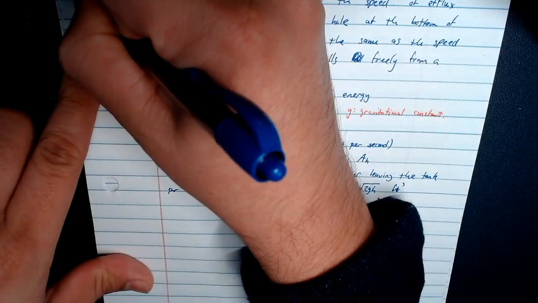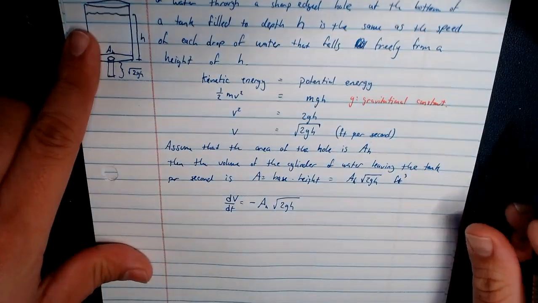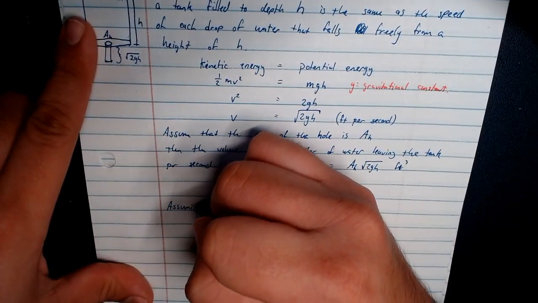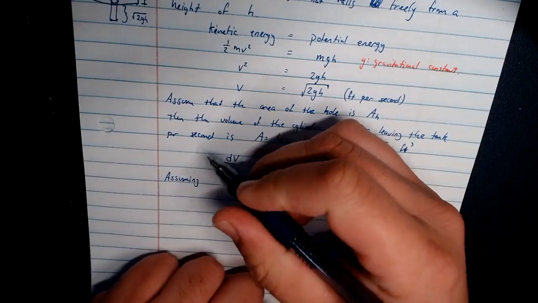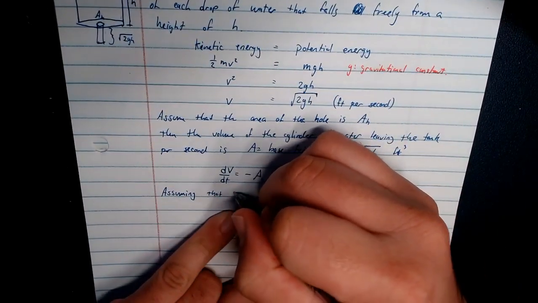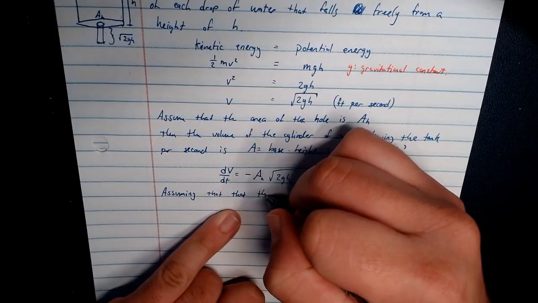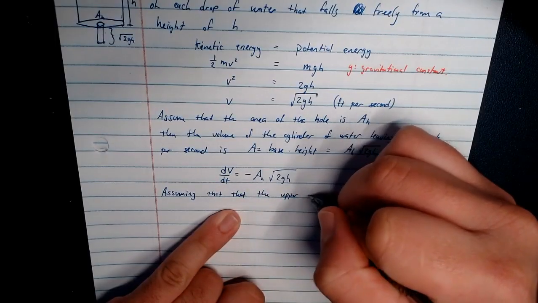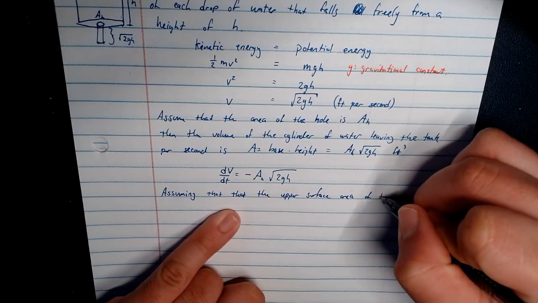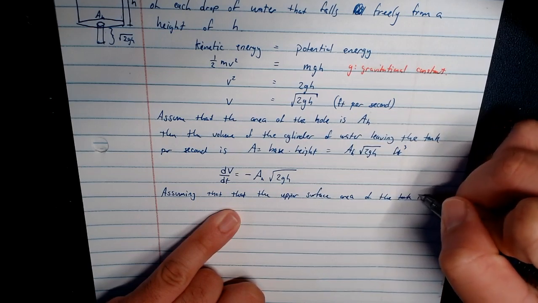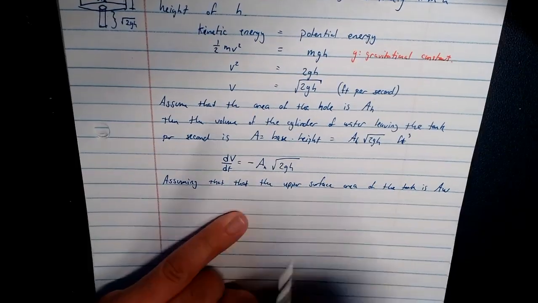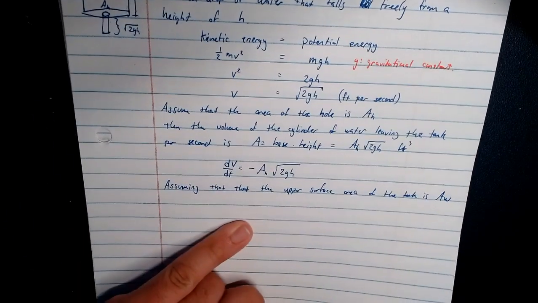Let's say this is A sub W. Okay, so now assuming that the upper surface area, or lower surface area, same thing, of the tank is A sub W, the area of the water up here, the top of the water.